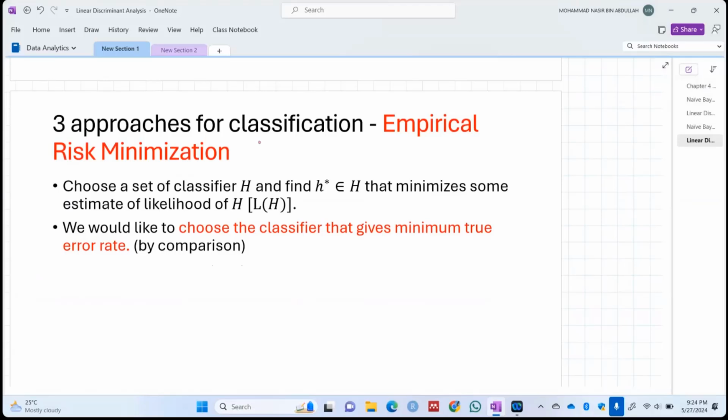We can model it using logistic regression, naive Bayes, linear discriminant analysis, and many more: random forest, support vector machine, and so on. We compare all the performance and take the classifier that gives the minimum error rate to be the best classifier for prediction. That is the first method, empirical risk minimization.